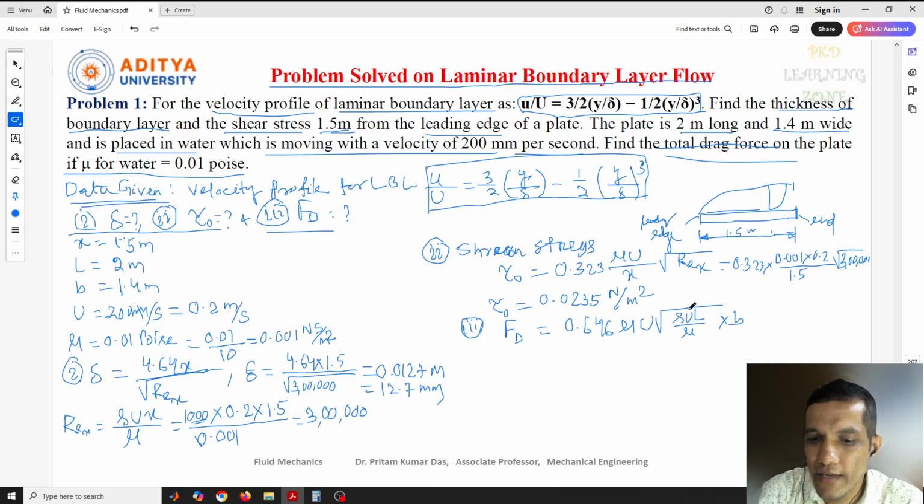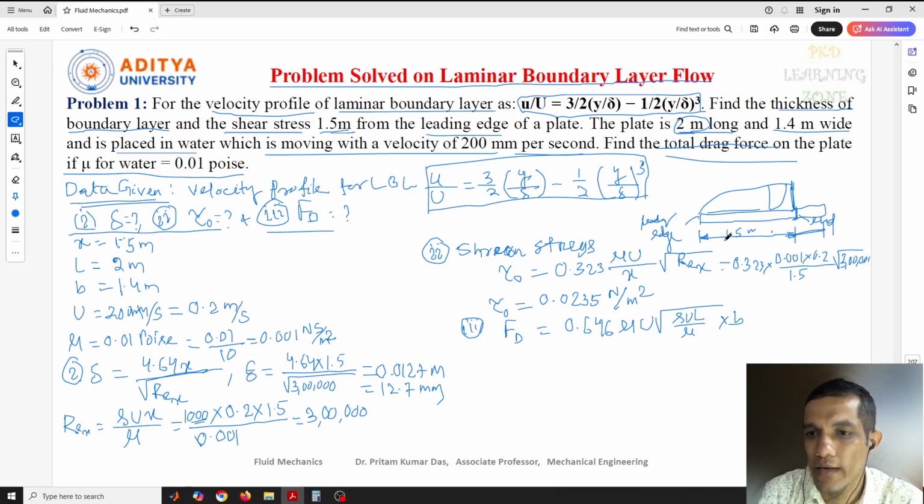This is nothing but the Reynolds number, but here the length is different. The length of the plate is 2 meter, but we have calculated this up to 1.5 meter.